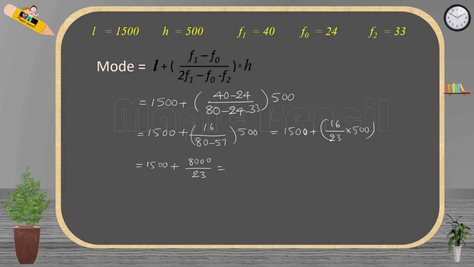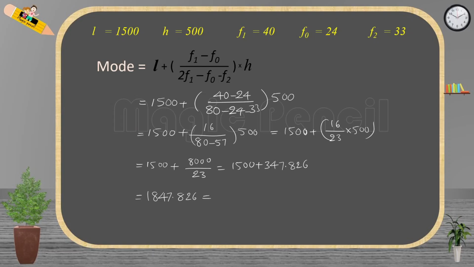Then 1500 plus 8000 by 23, when you divide you will get 347.826, and after addition you can write 1847.826.